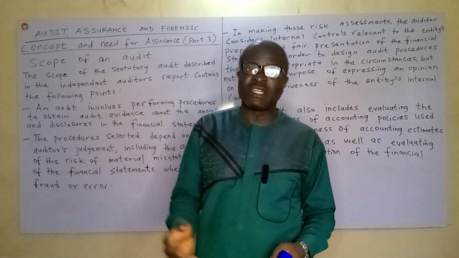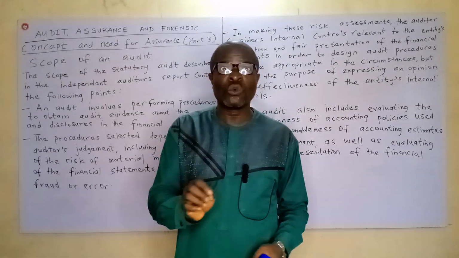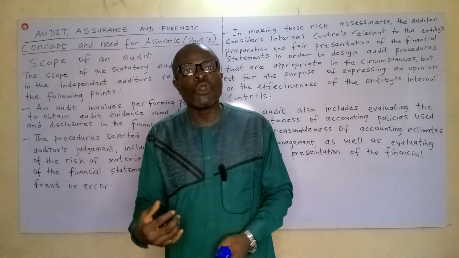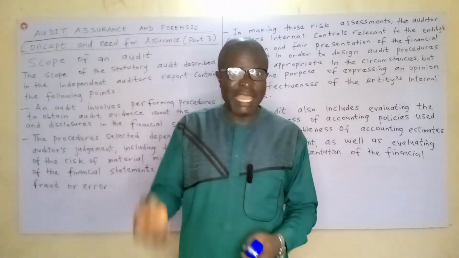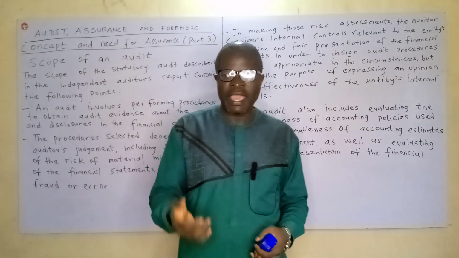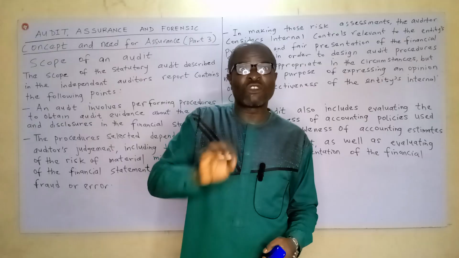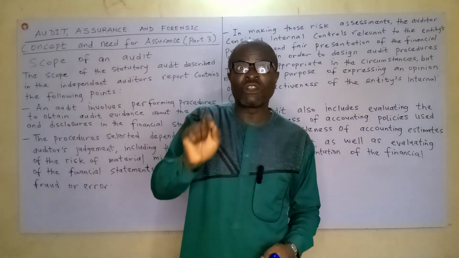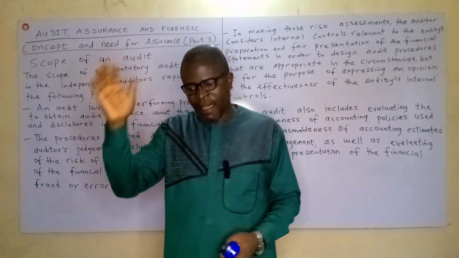If you want to audit for existence, the auditor will require to be taken to where that property is located and he will go and inspect it personally to ensure that it actually exists. He will also inspect the document with which the company acquired the building, like a deed of conveyance or deed of assignment, whichever one, to confirm that it is the company's name that is on the document.